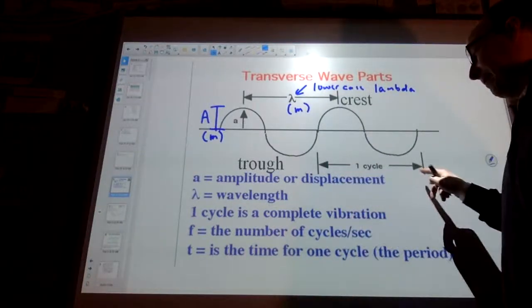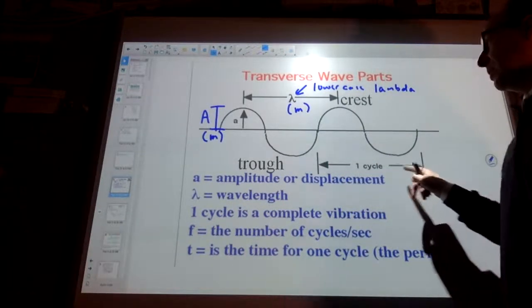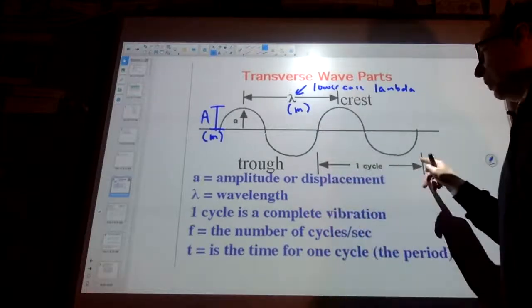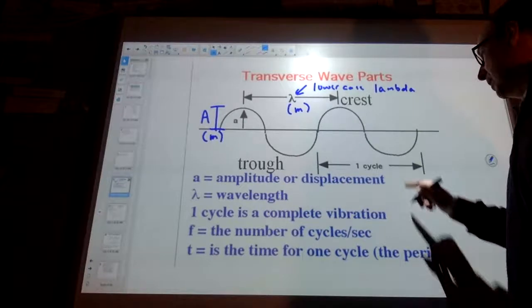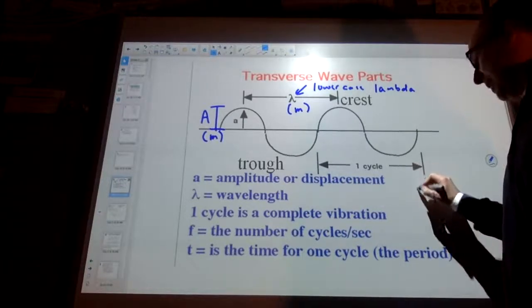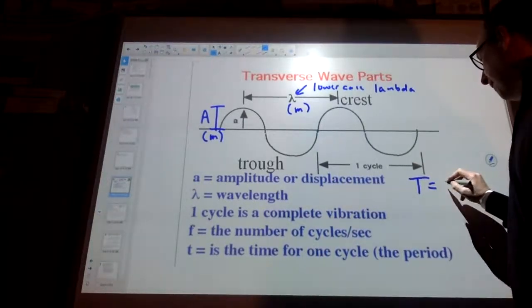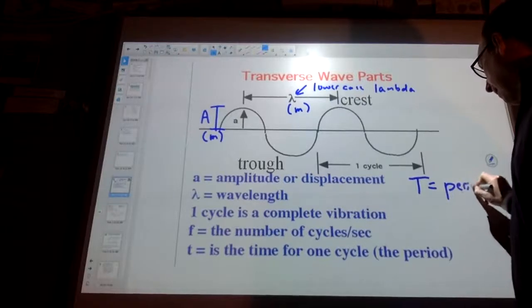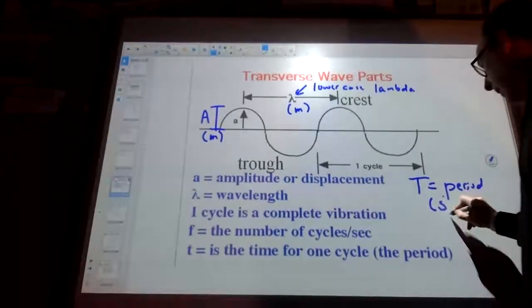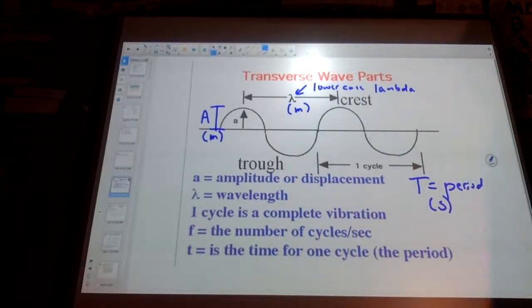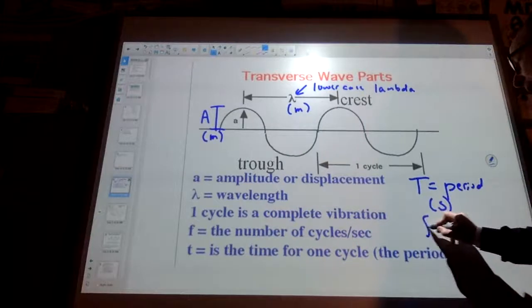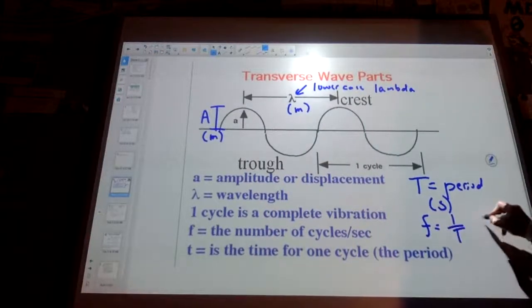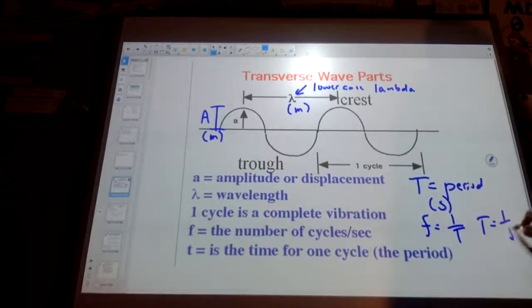We also have a cycle, which is going to be how long it takes for one of these to happen. So a cycle is a period that's measured in seconds. And then frequency and period are related because frequency is going to be how many of these you have per second.